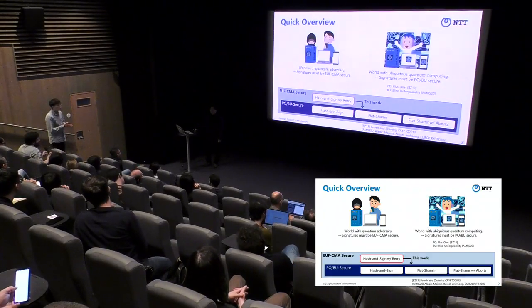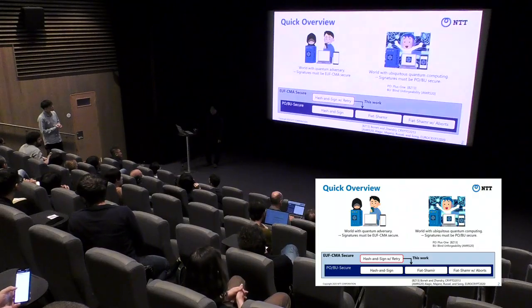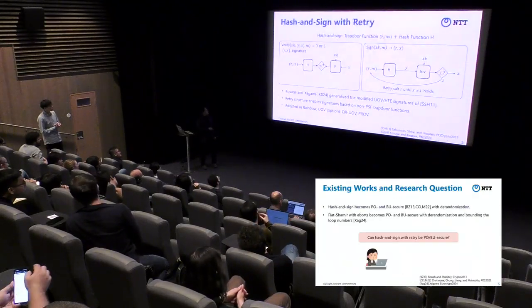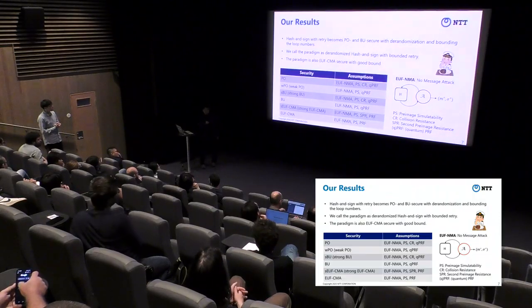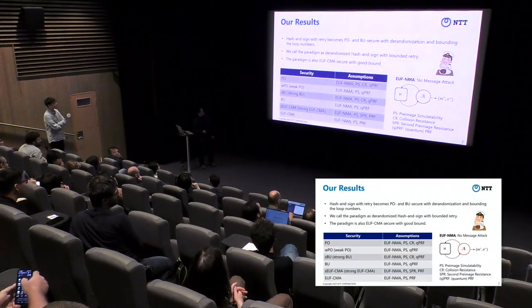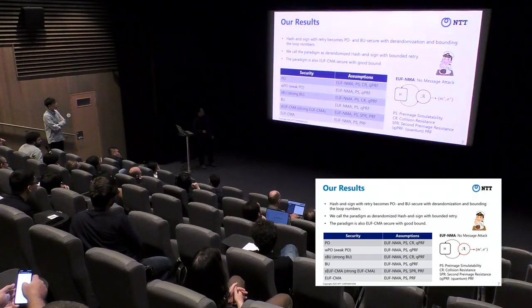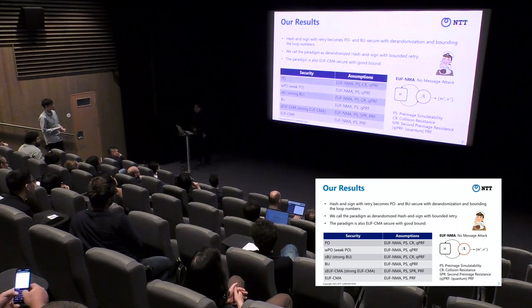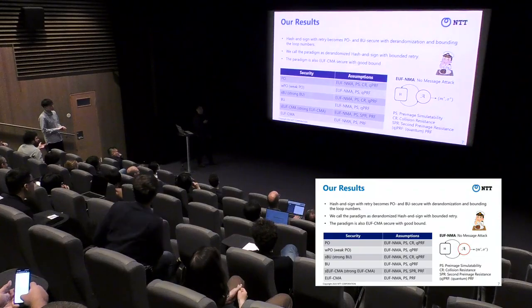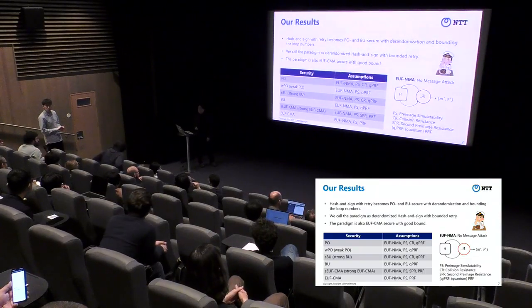Sorry, you had the table with these various assumptions. So here, these assumptions mean that you want the trapdoor one-way function to be collision resistant, or the hash function that you use to be collision resistant? Yeah, this is the collision resistance of the trapdoor function. Isn't that a strong assumption? Yeah, strong assumption. I agree with that. Because for multivariate, your motivation was for MQ maps. Yes.